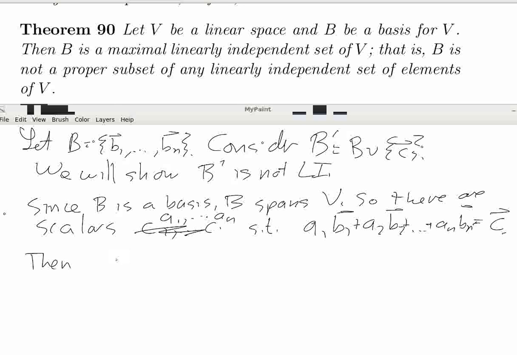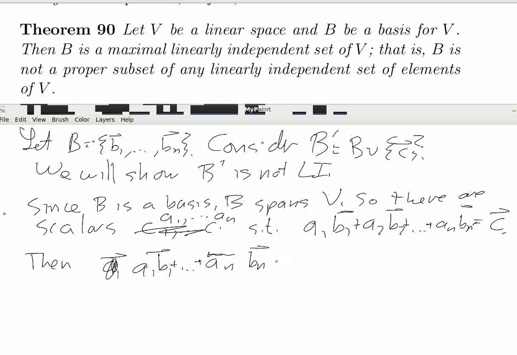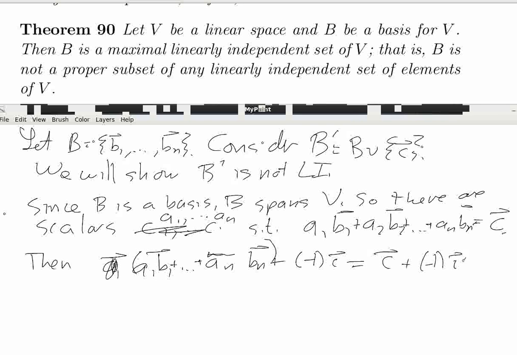Then A1 B1 plus up to An Bn plus minus 1 times C is equal to, well, if I group these together, I get C plus minus 1 times C. That equals 0.